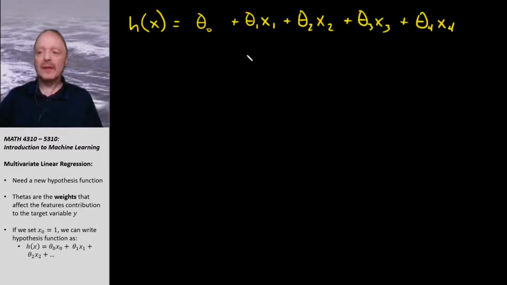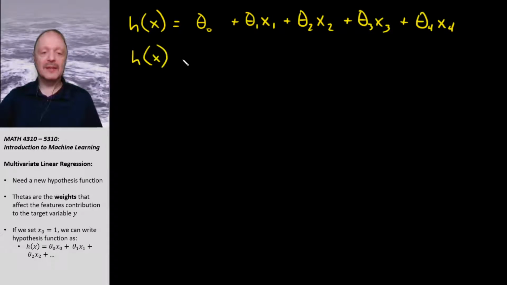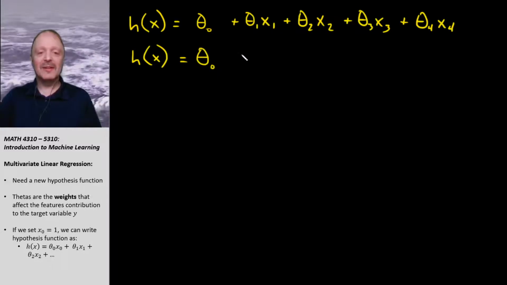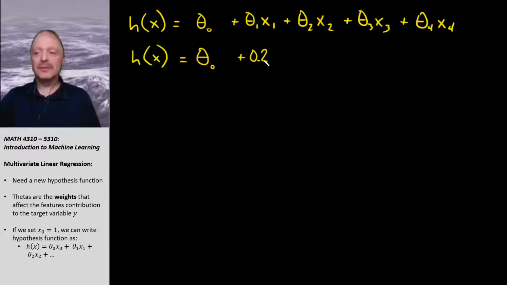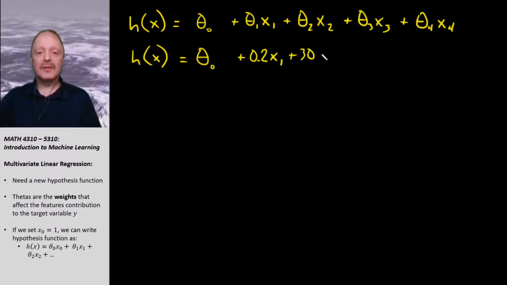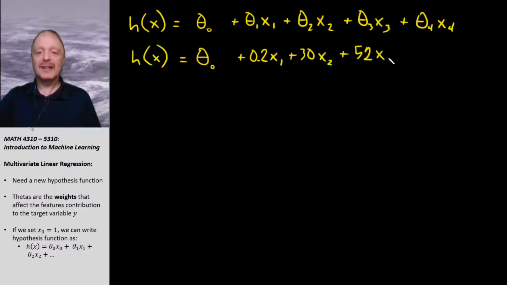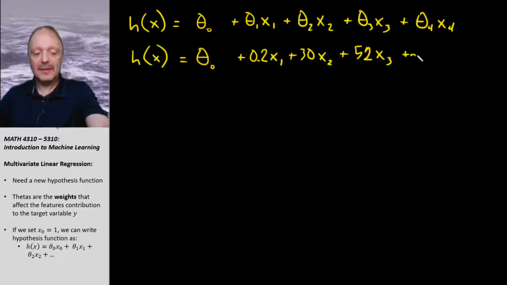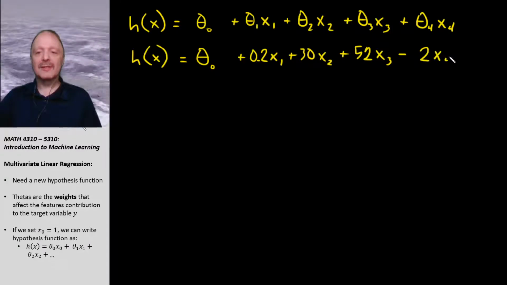So for example, this is just completely made up, if you will, theta sub 0 plus, let's say theta 1 was found to be 0.2 x1 plus 30 x2 plus 52 x3, oh, sorry, not plus, minus 2 x4.